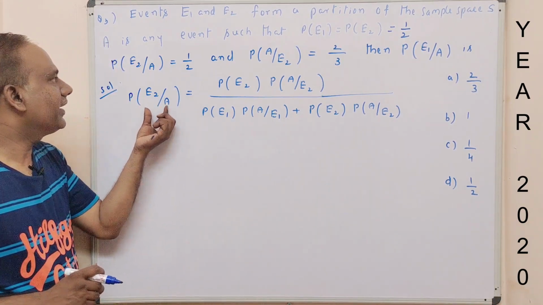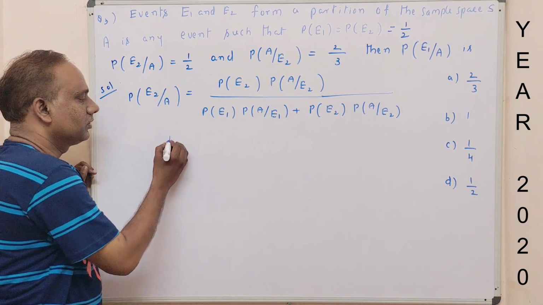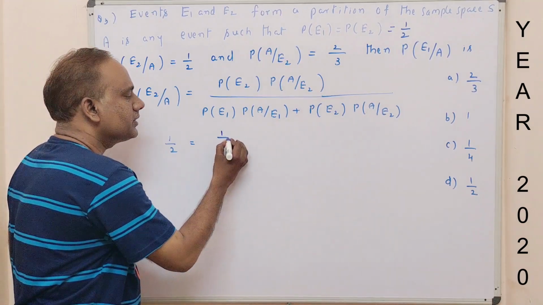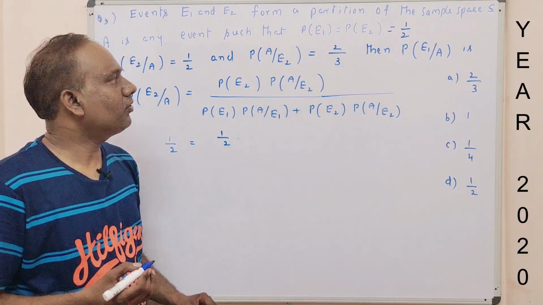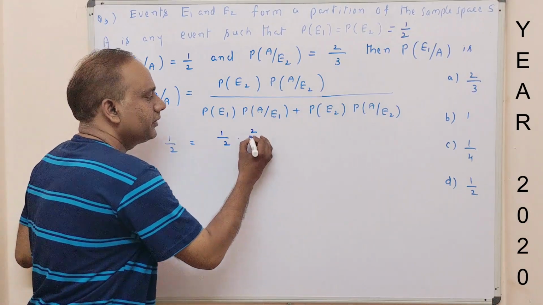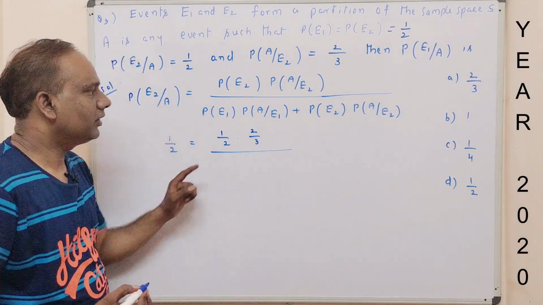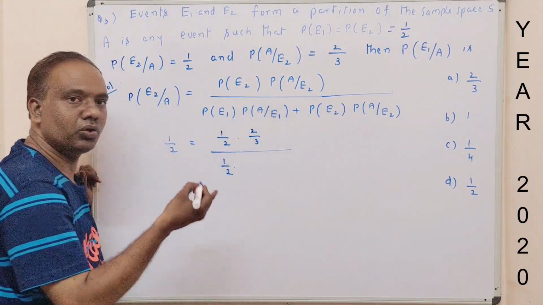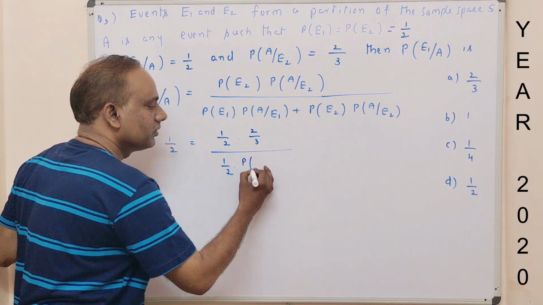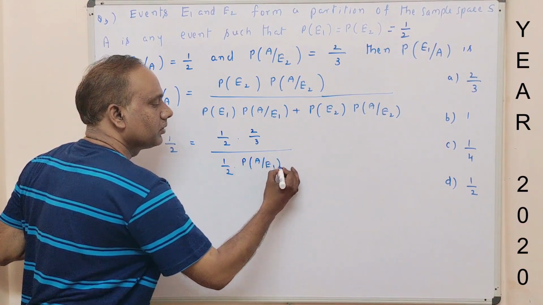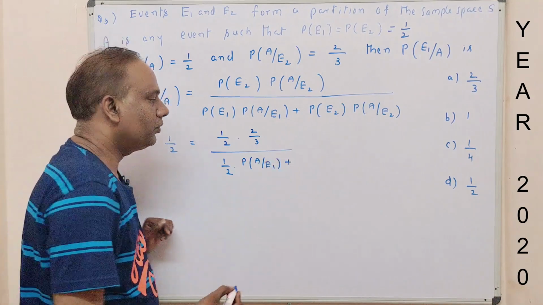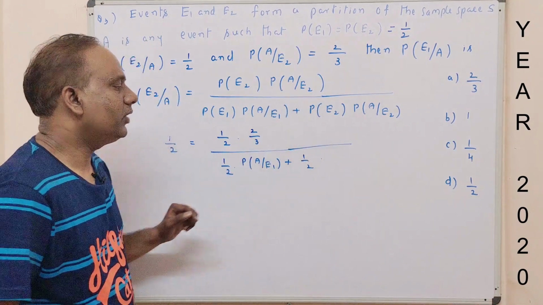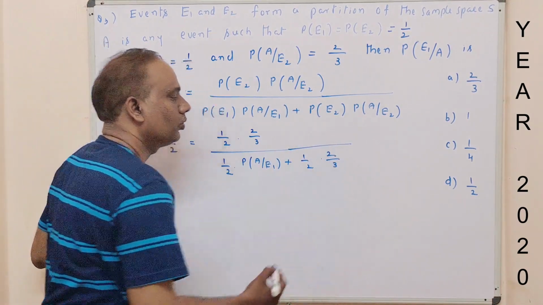P of E2 by A is equal to 1 by 2, is equal to P of E2, so P of E2 is 1 by 2 and P of A by E2 is 2 by 3, whole divided by P of E1 1 by 2 and this value we don't know, so you write as it is, plus P of E2 is 1 by 2 into P of A by E2 is 2 by 3.